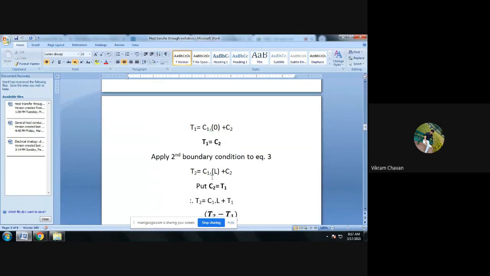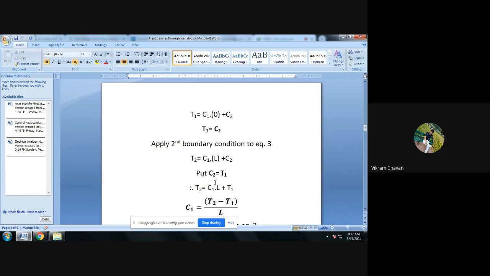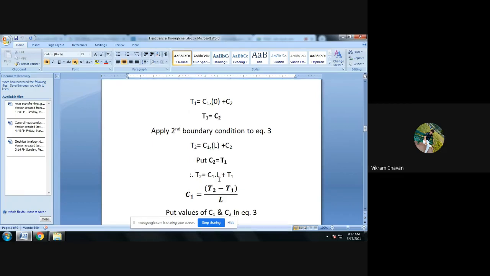So T2 = C1 L + C2, where we know the value of C2. Just put the value of C2 as T1 in this equation. So we get T2 = C1 L + T1. If you rearrange this equation, we get C1 = (T2 - T1)/L.